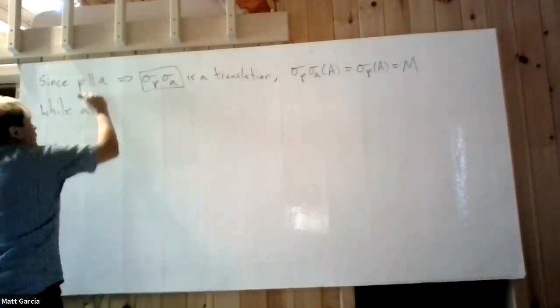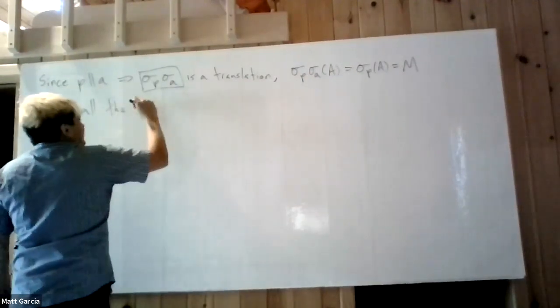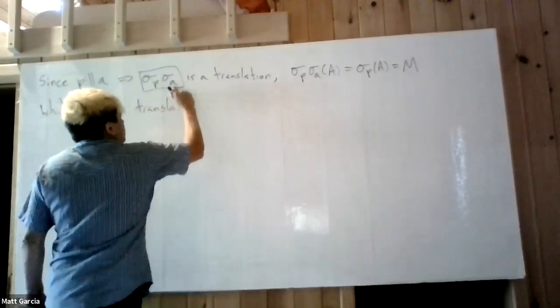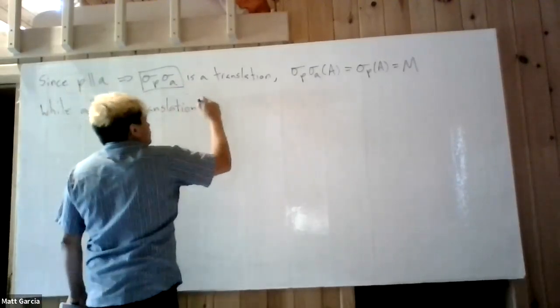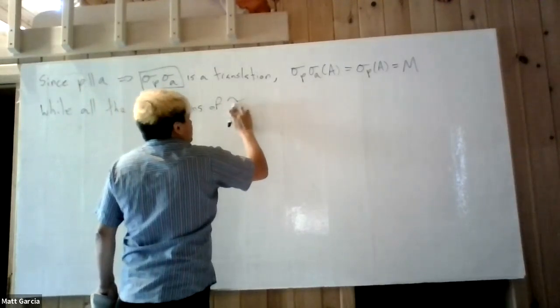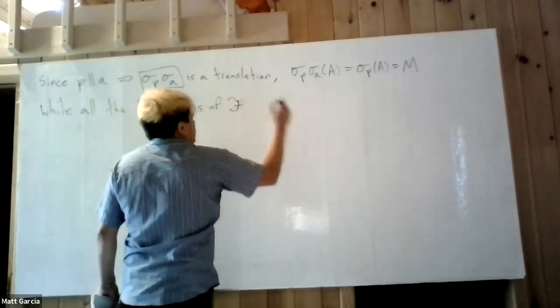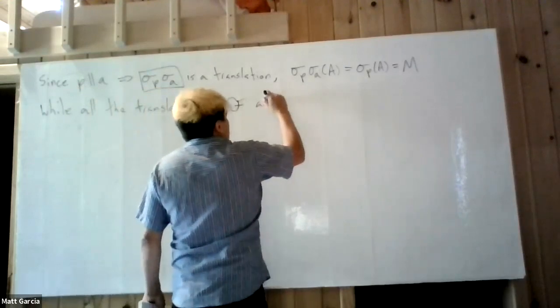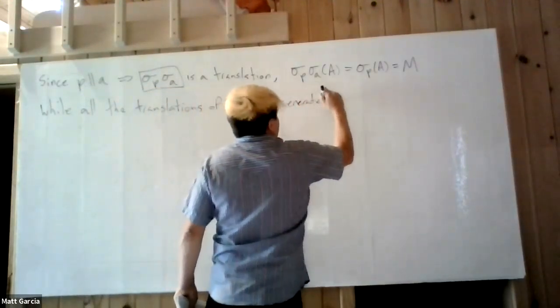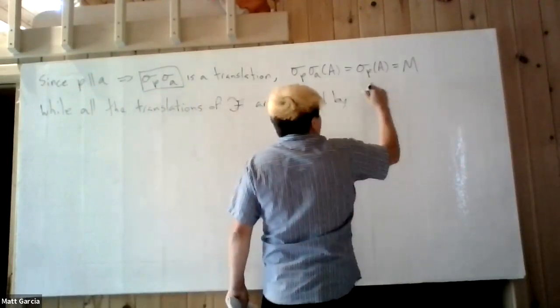Well, all the translations of F are generated by tau.